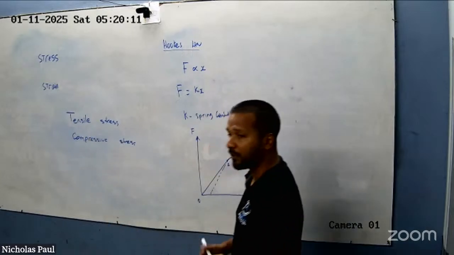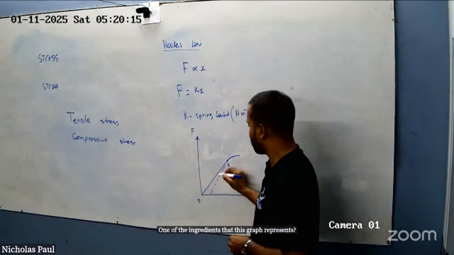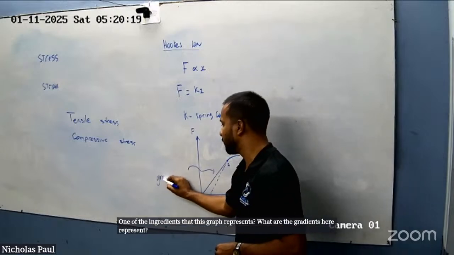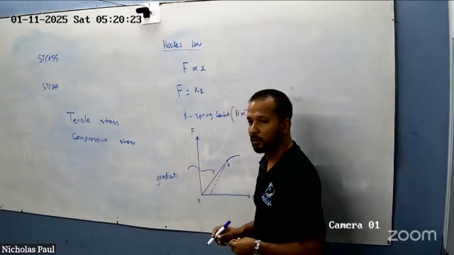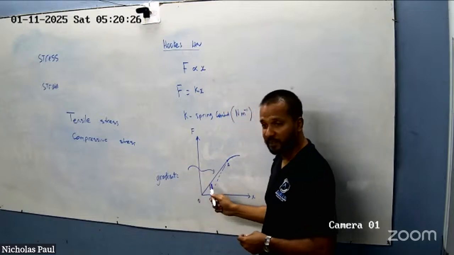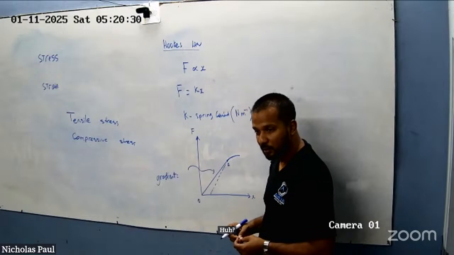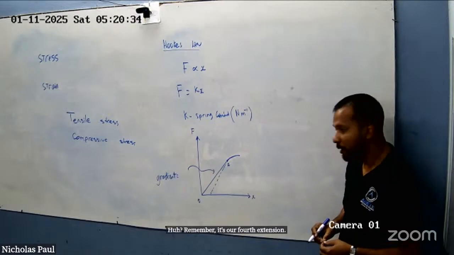Quick question: what does the gradient of this graph represent? Remember it's a force extension graph.